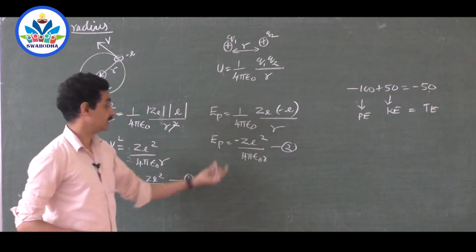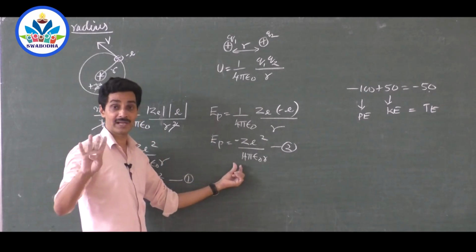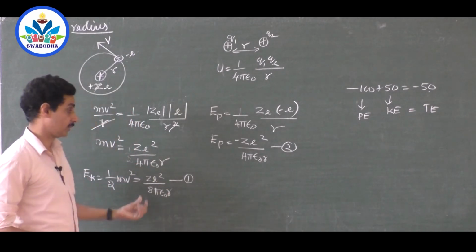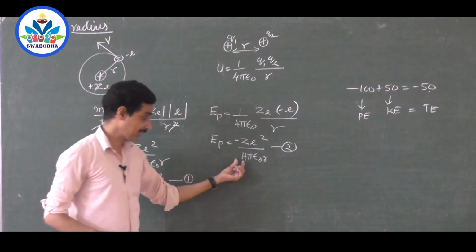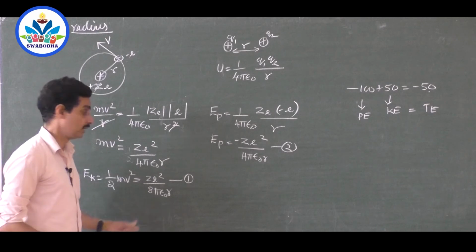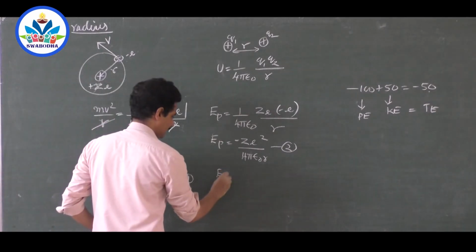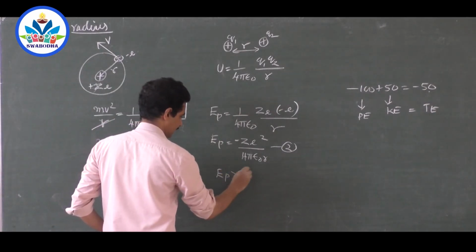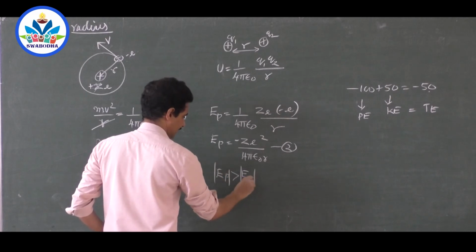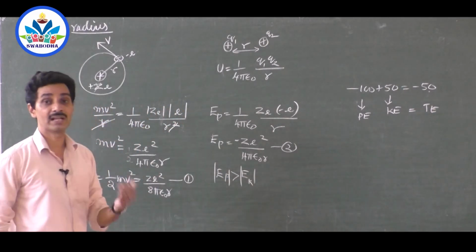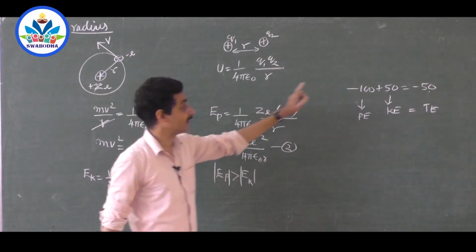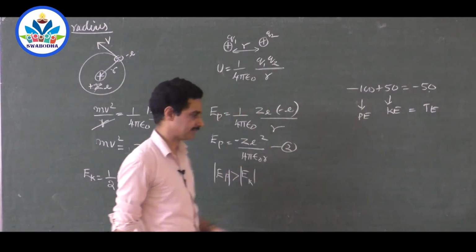Which is greater? This one is greater, divided by 4 only, denominator less, so the value is more. So shall I write that potential energy is greater than kinetic energy magnitude wise? That's why total energy is negative. Minus 100 plus 50, minus 50 answer.